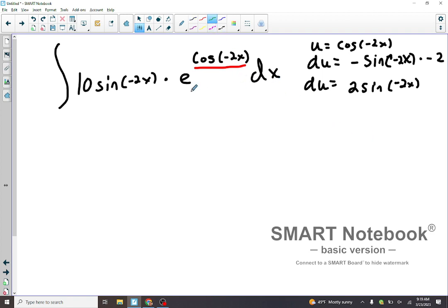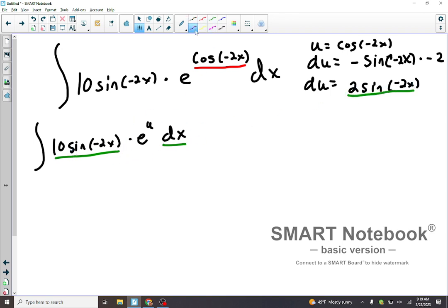So now I have 10 sine negative 2x times e to the u power dx. Remember, not yet. I need to change the dx into a du, so I have this leftover stuff. I need this stuff to match with that stuff. So I would make 2 into 10; I will multiply by 5 in this case.